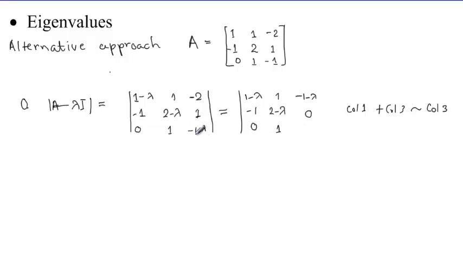Then here adding this entry and that 0, we get the same entry, -1 minus lambda. So, emphasis that this kind of combination of columns will not alter the determinant.